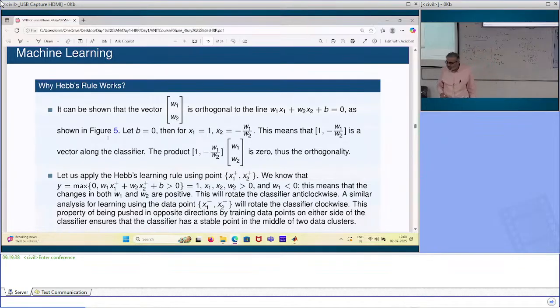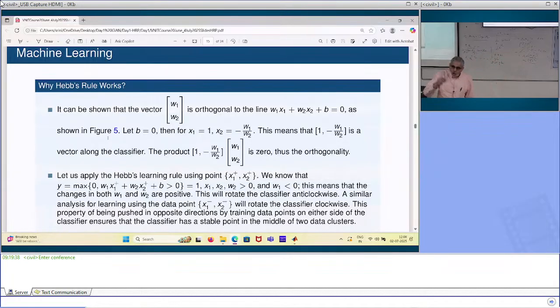What is y for that point? बताएं? If that's a classifier, what is y for that point? 1. That's right. So you know y, you know x1, you know eta. Right? So you can find out the change in W1 and W2.